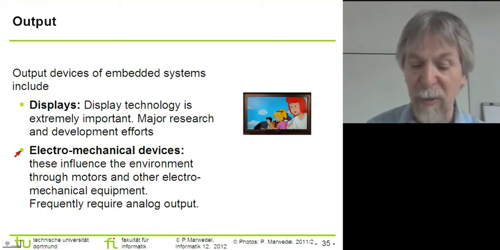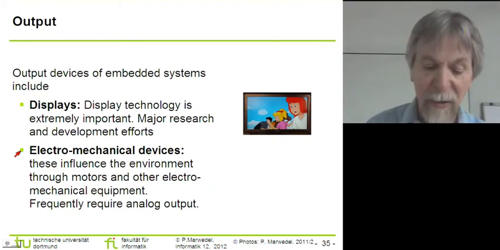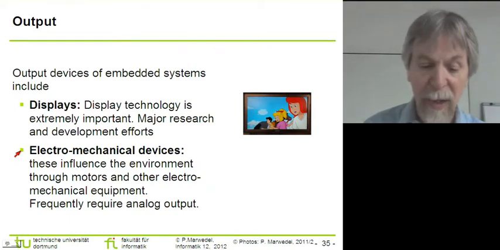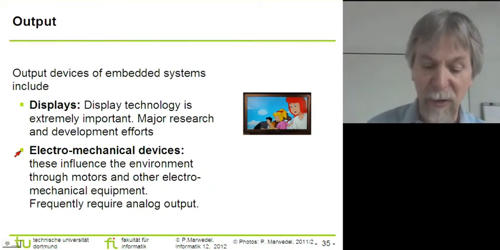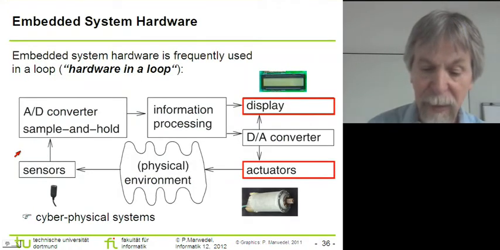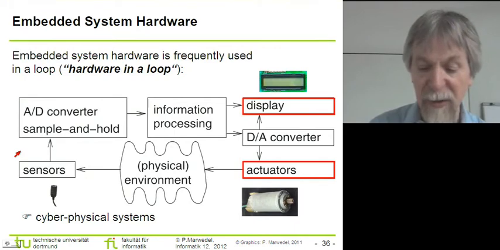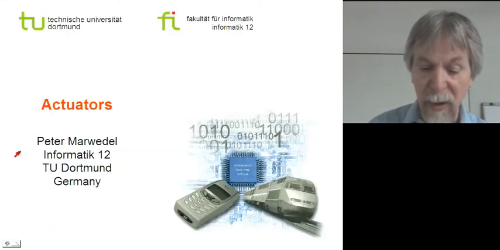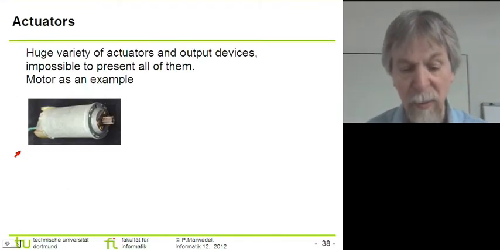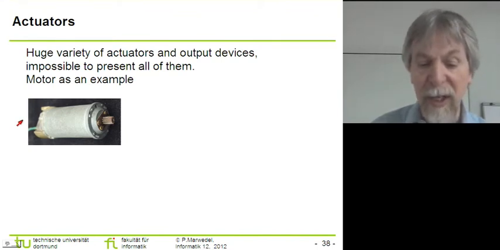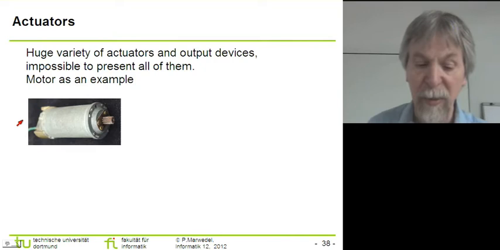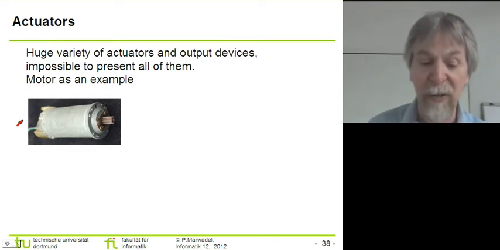Many of the electromechanical devices are requiring analog inputs, and that was one motivation why I actually looked at digital to analog converters. So the different motors or actuators that we can have there can be of a large number of different types. And again, it's impossible to discuss all the different actuators.